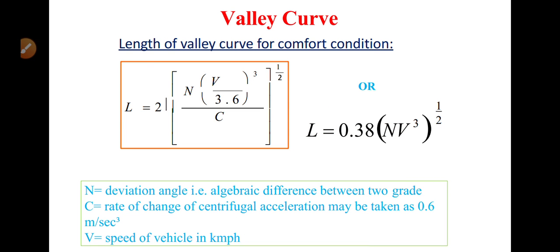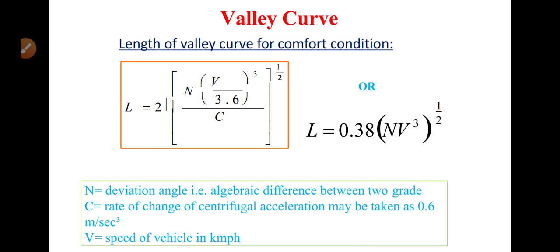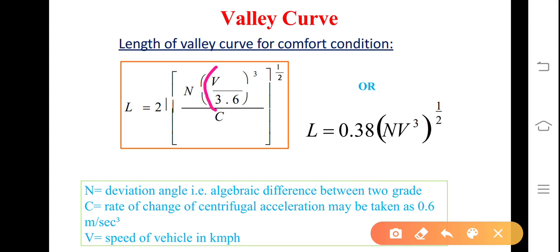L is equal to 2 times N whole multiplied by V upon 3.6 whole cube divided by C whole to the power of half. Very carefully observe. Very carefully write the brackets. This is V upon 3.6 whole cube, and then this is square bracket whole to the power of half.